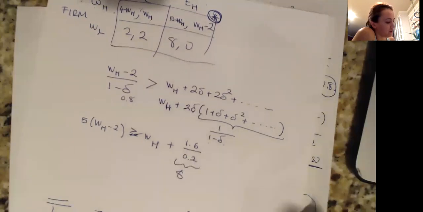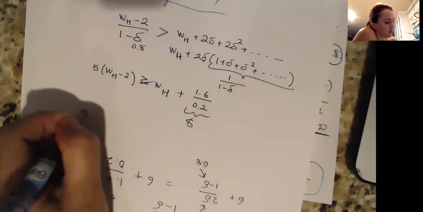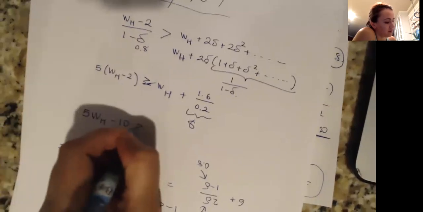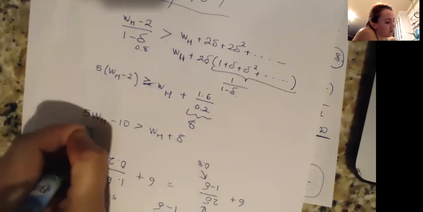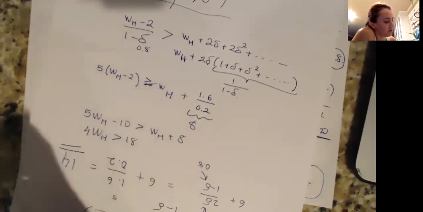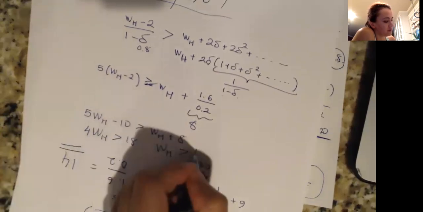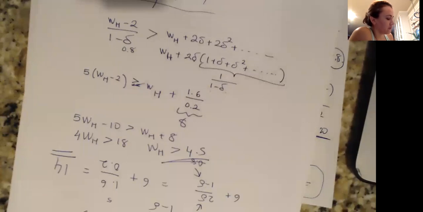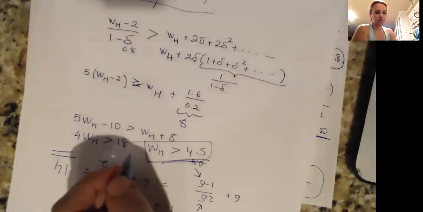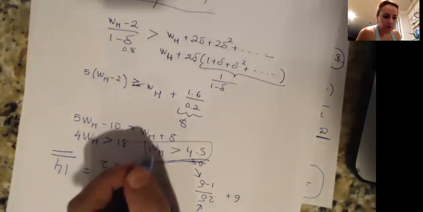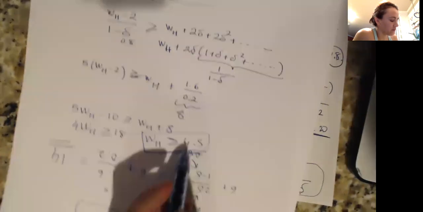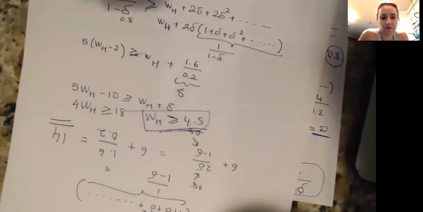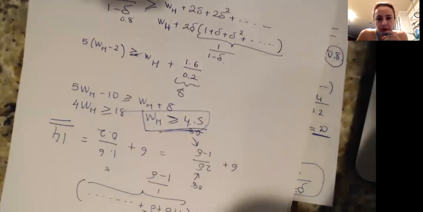So this is 8. 5 WH minus 10 greater than WH plus 8. 4 WH greater than 18. WH is greater than 4.5. So as long as the firm chooses a wage level greater or equal than 4.5, then it can make the worker choose the high effort forever.